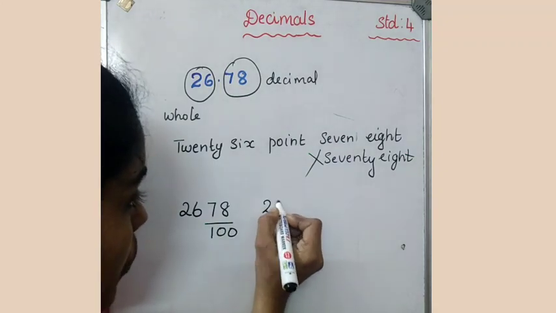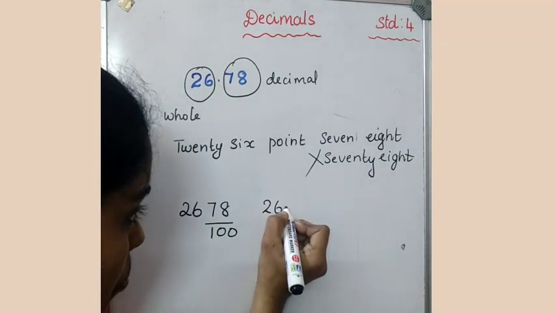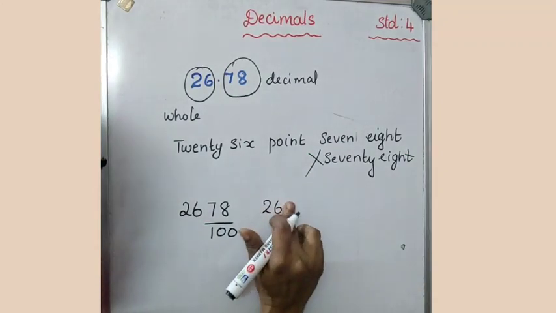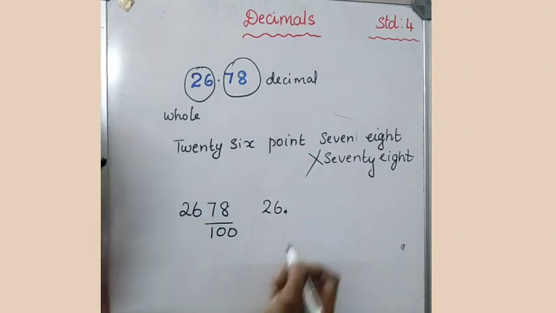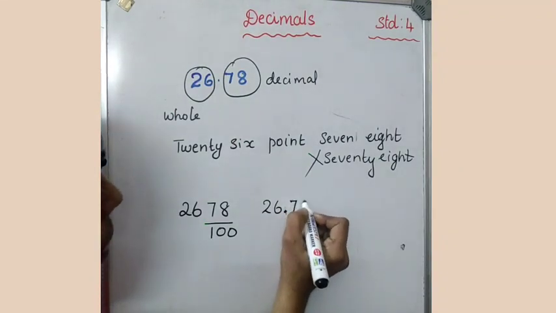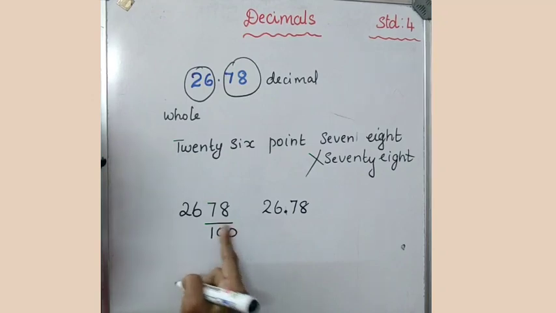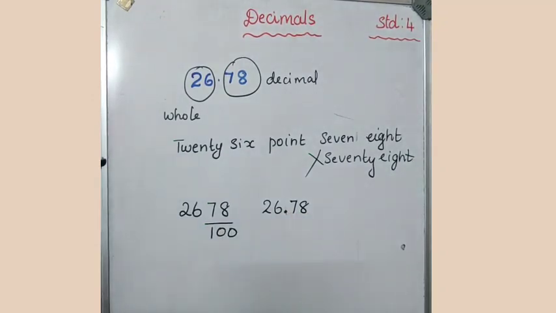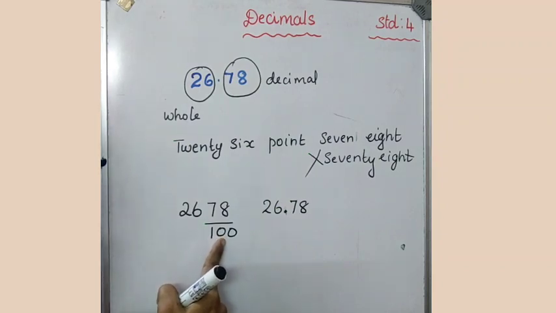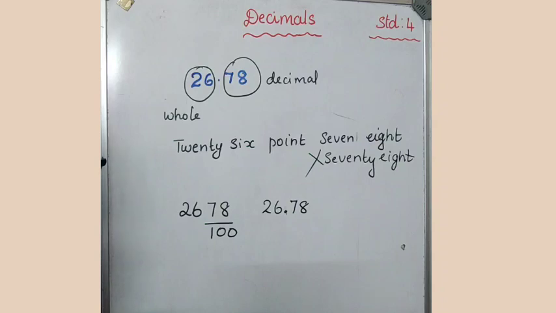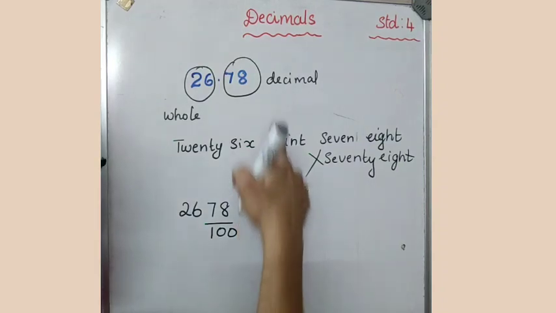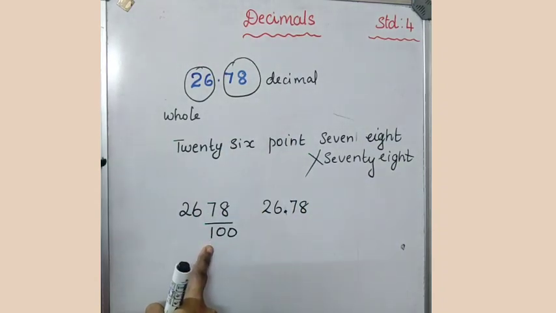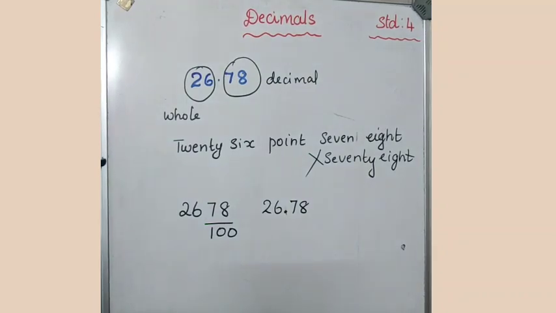We put 26, then the point, then 7, 8. As it has 2 zeros, we have 2 decimal places here also. The zeros determine the number of decimal places. So this is the corresponding decimal fraction.